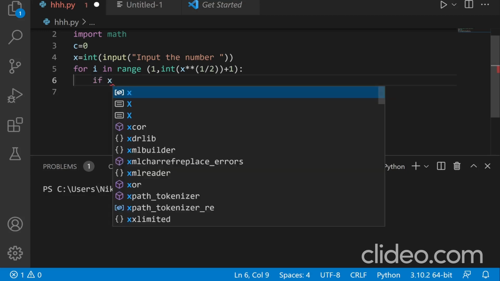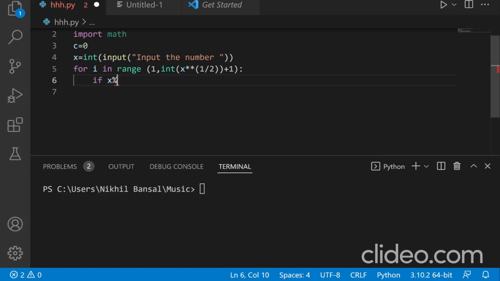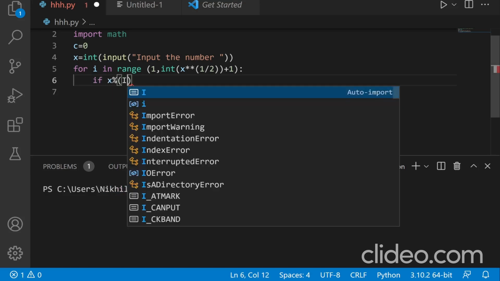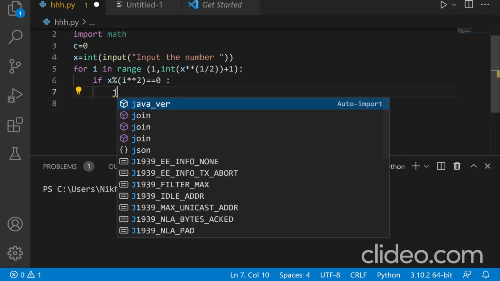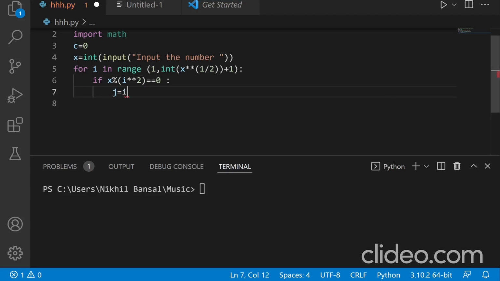If x when divided by i square, not i, as I discussed in the theory portion, is 0, what does that mean? It means i square is the number, not i, which is a perfect square.